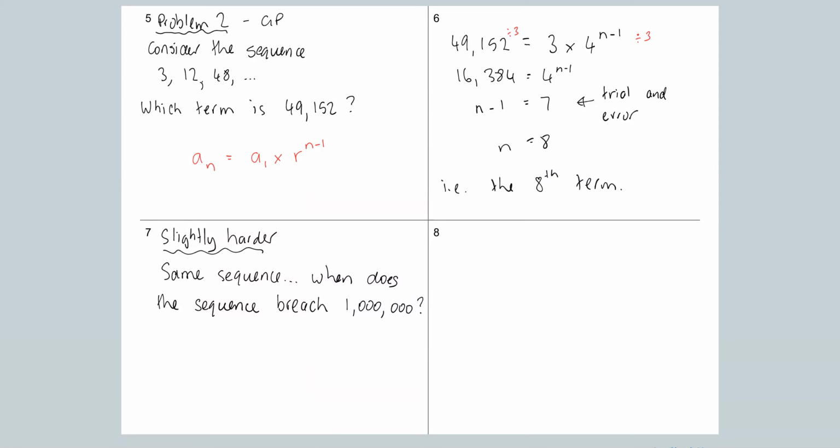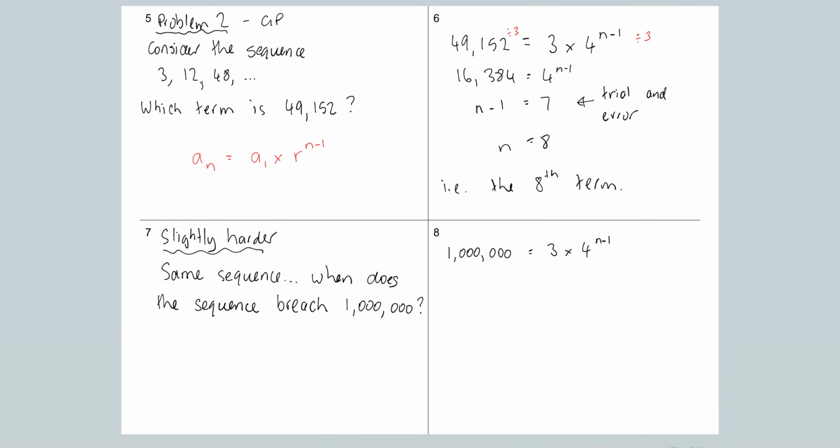We use our general formula, an equals a1 plus r to the power of n minus 1. We substitute the values we know. And again, just like in the arithmetic progression, even though we think that 1 million isn't actually a number, it'll tell us where the position will be. So we put in 1 million for an, we put in 3 for a1, we put in 4 for r, and raise it to the power of n minus 1.